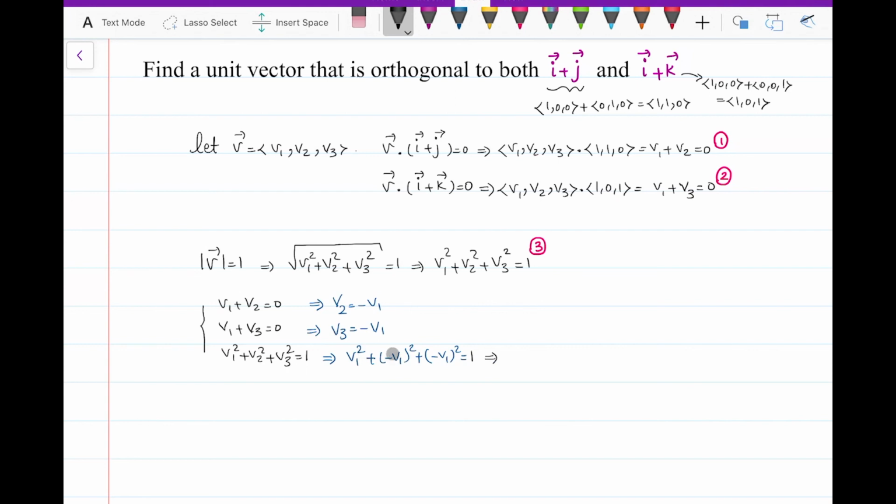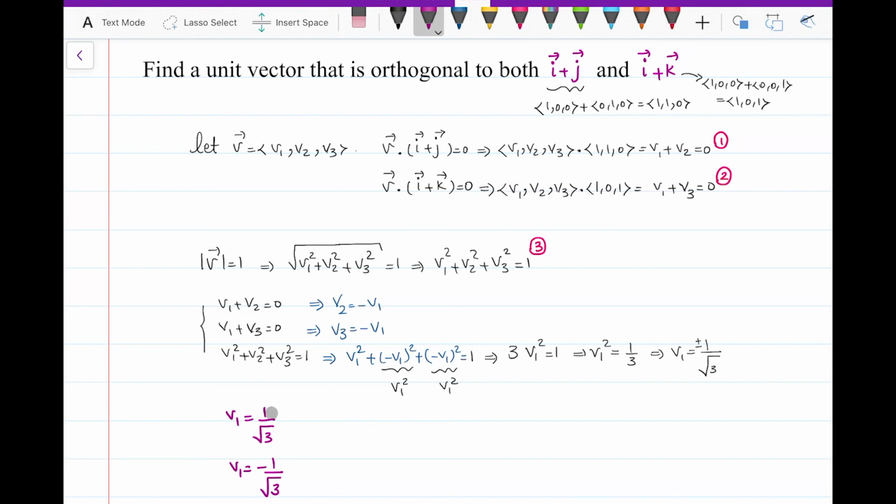I have v1 squared plus negative v1 squared. Here, it's just v1 squared and v1 squared. So, I have 3 v1 squared equal to 1. So v1 squared equals 1/3. So v1 is plus or minus 1 over square root of 3. So v1 can be 1 over square root of 3 and can be negative 1 over square root of 3.